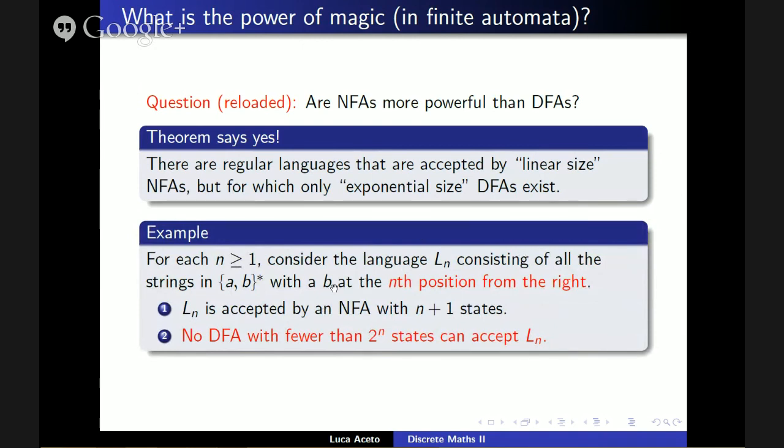So if you have the language that consists of all the sequences of A's and B's with a B at the nth position from the right. We've seen several examples. Second position from the right, third position from the right, fourth position from the right. You can build a small NFA that accepts that language, where small means you need n+1 states.